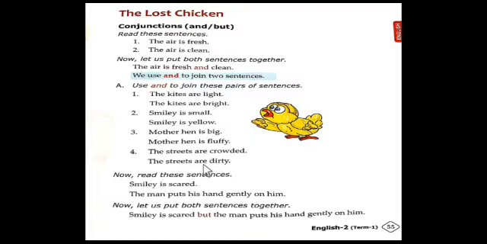Correct? Okay. Now read these sentences. Smiley is scared. The man puts his hand gently on him. So let us join these sentences by adding the conjunction word but and make one sentence.